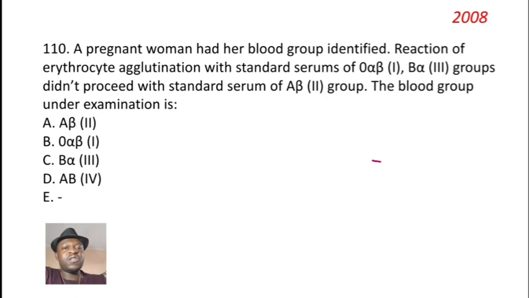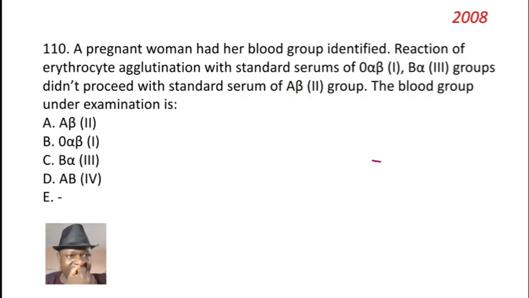Let's finish. A pregnant woman had her blood group identified. The reaction of erythrocyte agglutination with standard serums of blood group 1 and blood group 3 proceeded, but with blood group 2 it didn't.